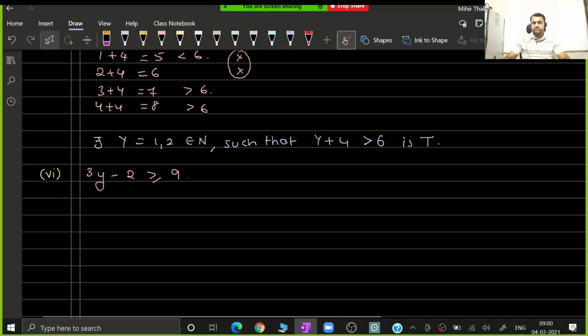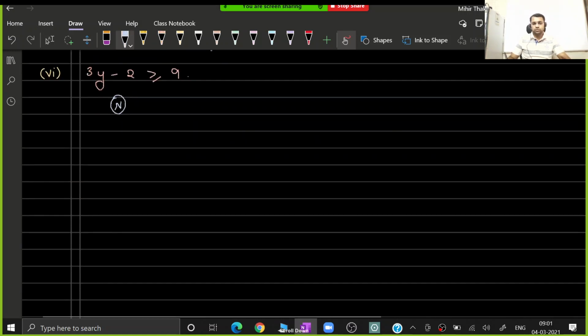Once again we have to check whether all the natural numbers satisfy the condition of greater than or equal to 9 or not. So let us see the different natural numbers 1, 2, 3, 4 and so on. The first natural number: 3 into 1 minus 2, 3 minus 2 is equal to 1, which is lesser than 9. 3 into 2 minus 2, that is 6 minus 2, which is 4. Again it is lesser than 9.